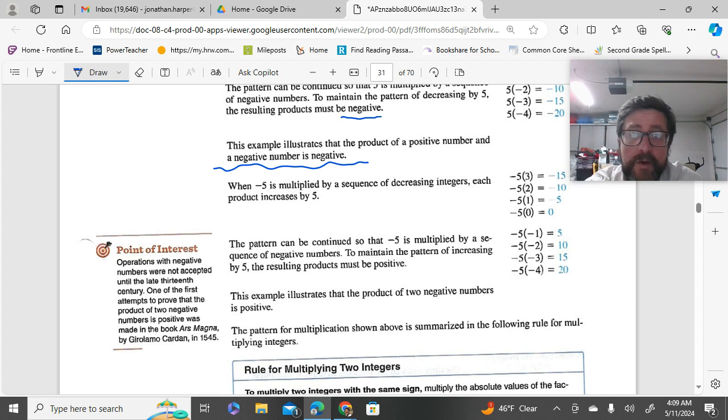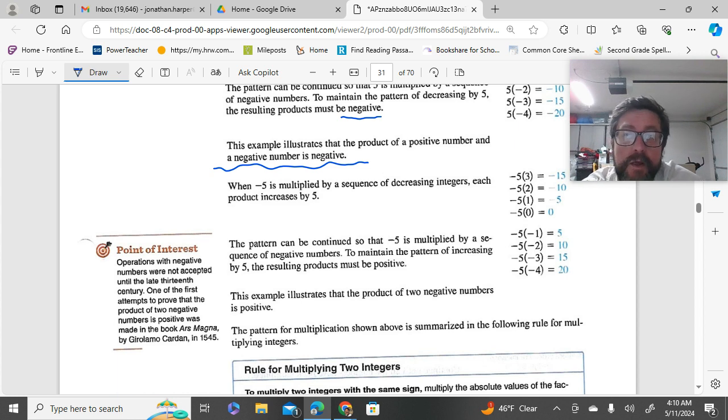But for right now, just remember a negative times a positive is going to be a negative number. So if I take 4 times -6, I'm going to get negative 24, because it's timesing a negative by a positive. Just root that into your memory because that's kind of what I had to do.